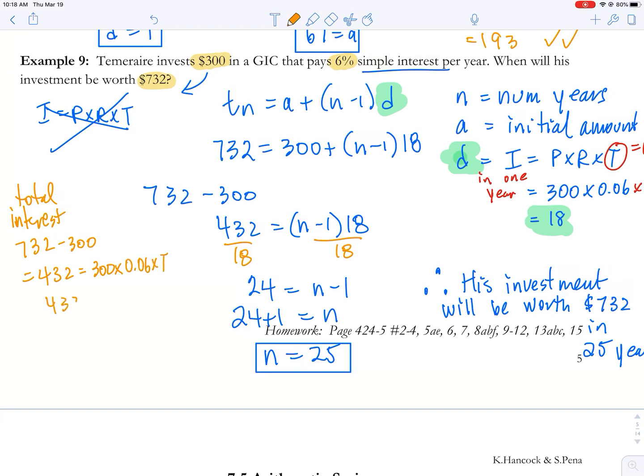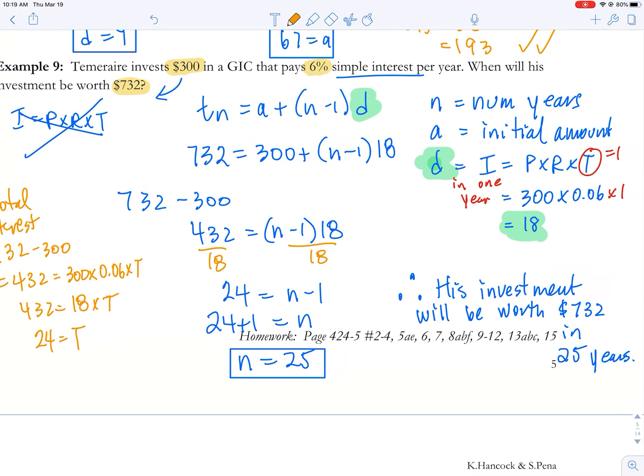So that would have given us 432 equals 300 times 0.06. Hey, I know that's 18 times time. So 432 divided by 18 gave us 24 time steps. And if we started in year 1, that would mean we'd have to add 24. And in the 25th year, in 25 years, it would be 732. So we are correct.